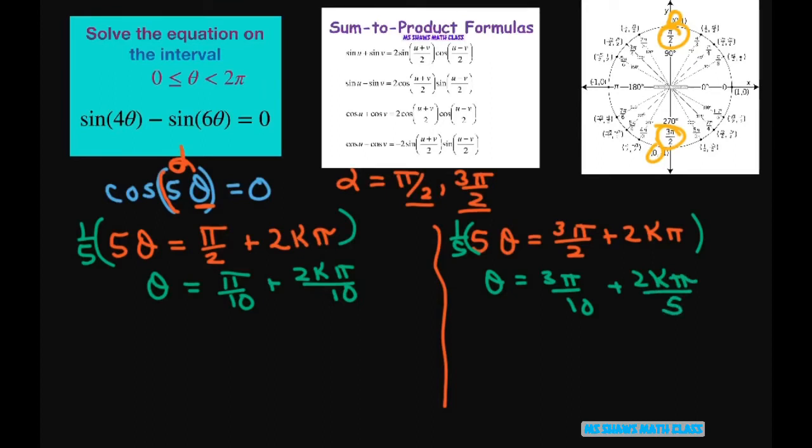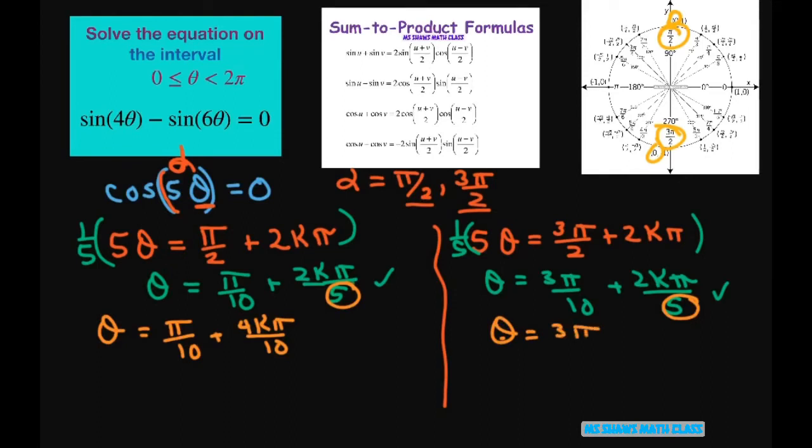And the next step, this is supposed to be 5. The next thing I want to do is make both of these a 10. So theta equals pi divided by 10 plus 4k pi divided by 10. And this one's going to be theta equals 3 pi divided by 10 plus 4k pi divided by 10.